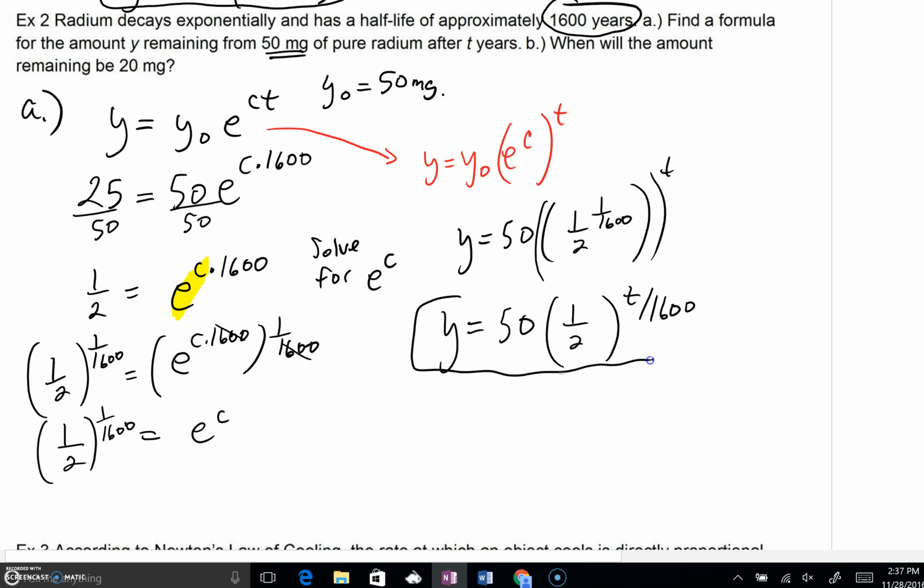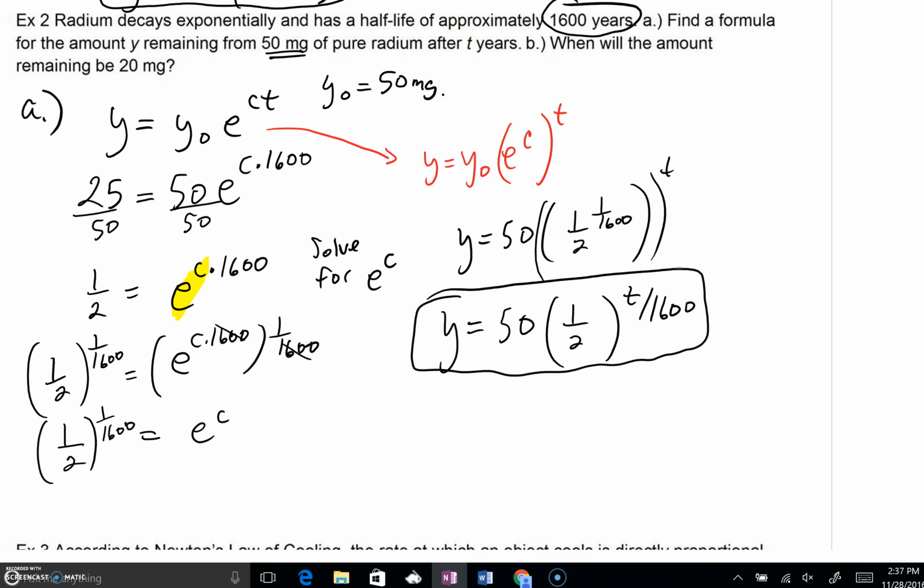And that, guys, will be your formula. The benefit now is you can plug in any time that you'd like. And however many years after where you're beginning, you can find your mass that you're really looking for.